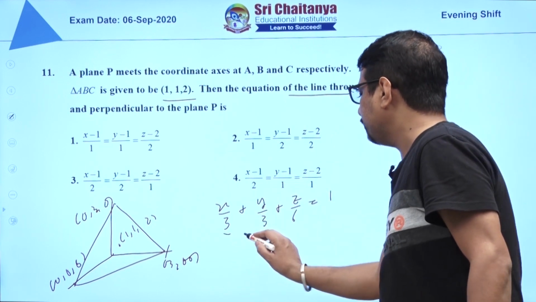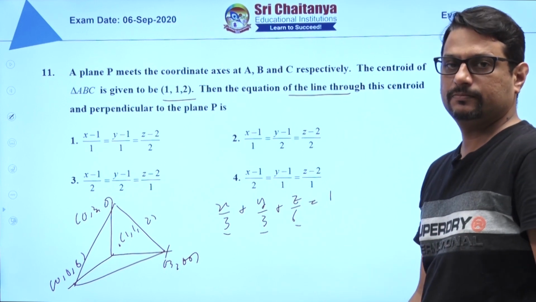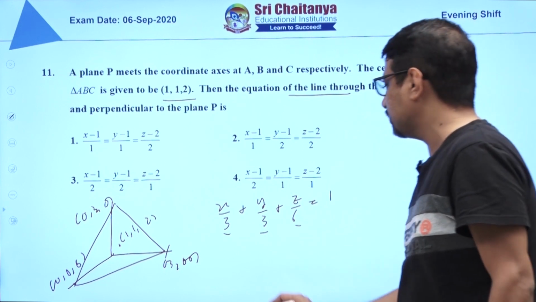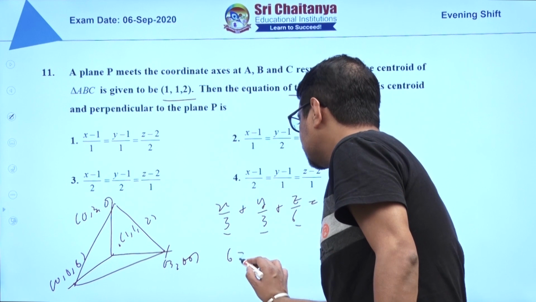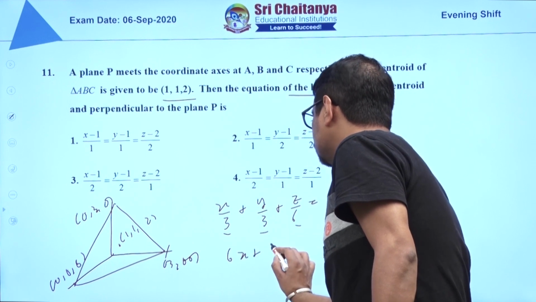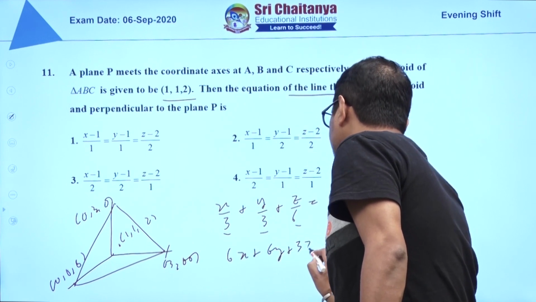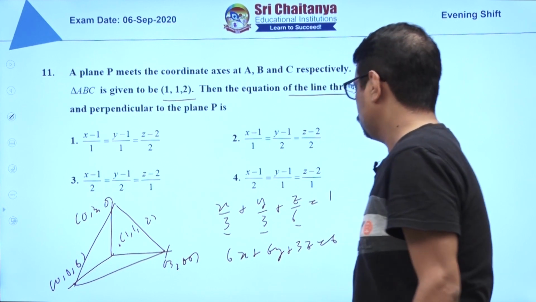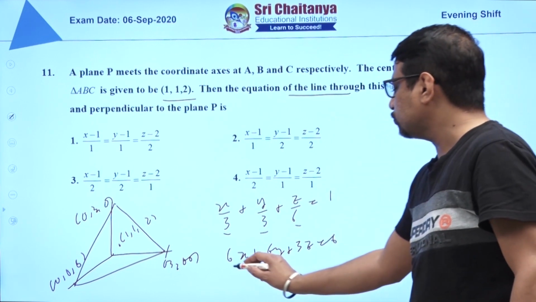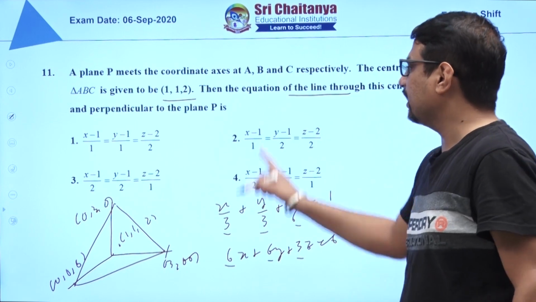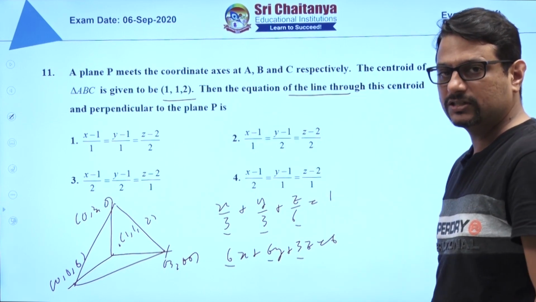Now 1 by 3, 1 by 3, 1 by 6. You better write this as 6x plus 6y plus 3z is equal to 6. So direction ratios of normal are 6, 6 and 3, and a line perpendicular to this will be parallel to the normal.